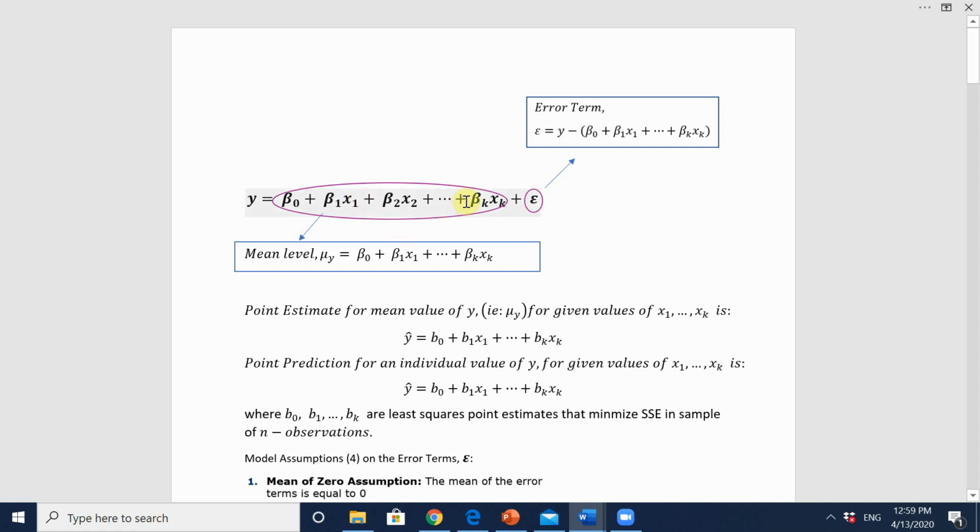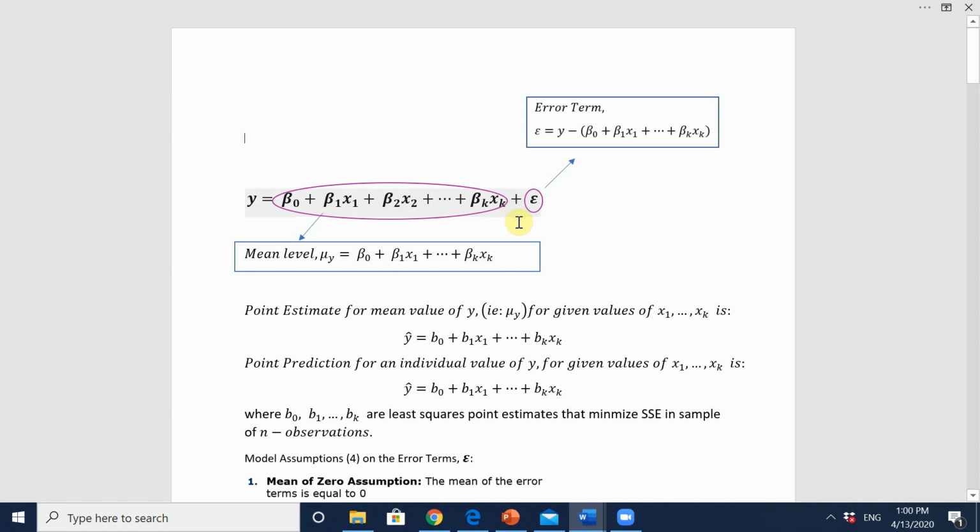So that would also apply to, say, beta k. In the case of beta k, it is a regression parameter that measures the change in the average value of y for a unit increase in xk.